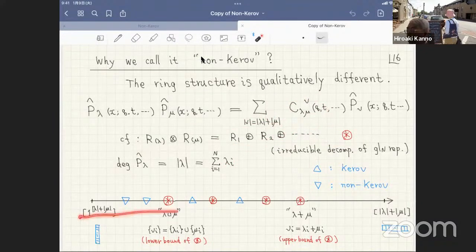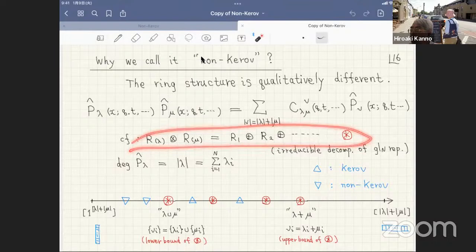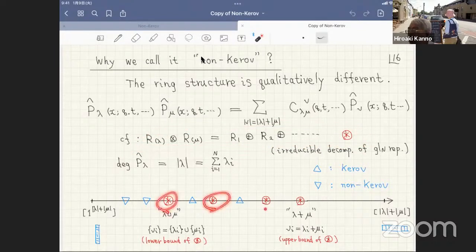So here's some ordering of Young diagrams. Sorry, the partitions which satisfy this constraint. And the representation theory tells there are only a few non-vanishing coefficients here. So actually, for Schur polynomials and Macdonald polynomials, there appear only a few non-vanishing coefficients.